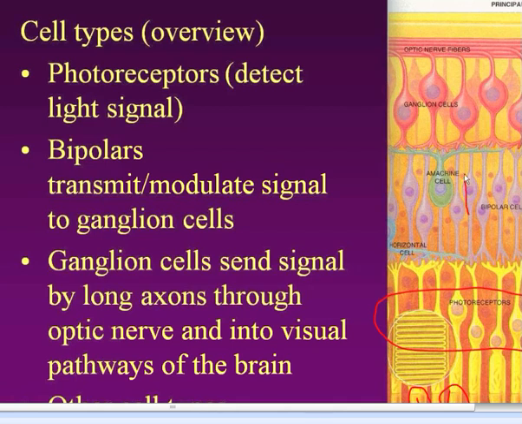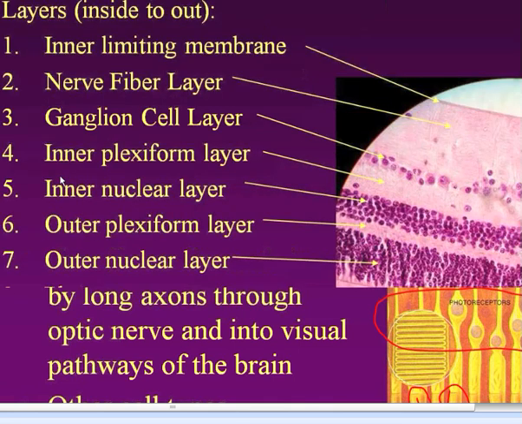And the signal is transduced via the bipolar cells to the ganglion cells. The ganglion cells send their message through axons. These axons go to the optic nerve and back to the brain.